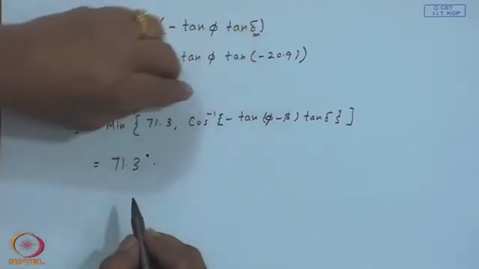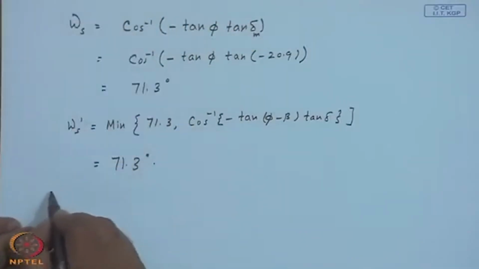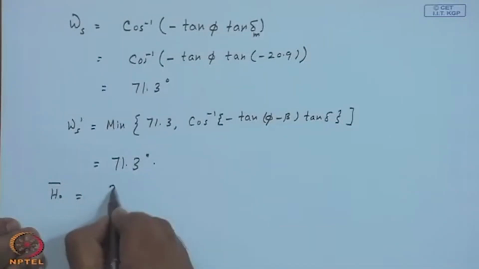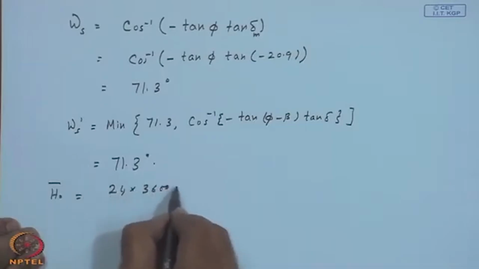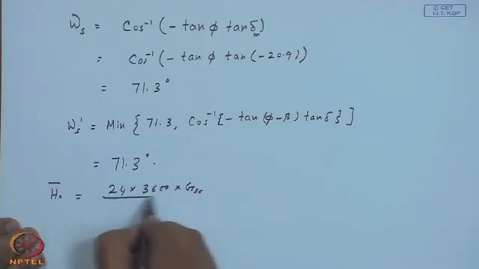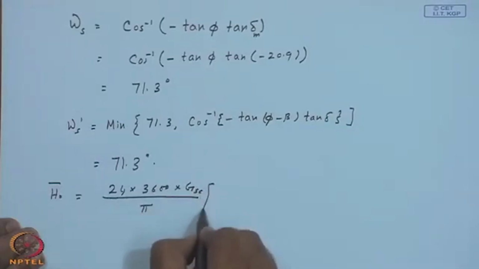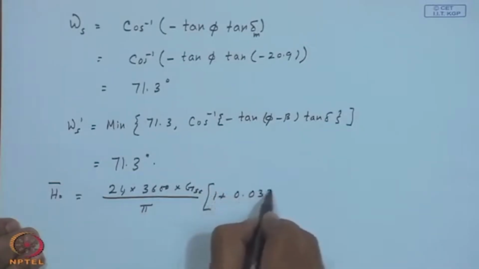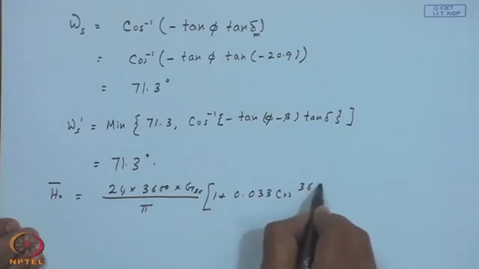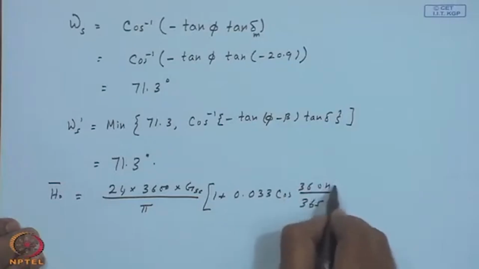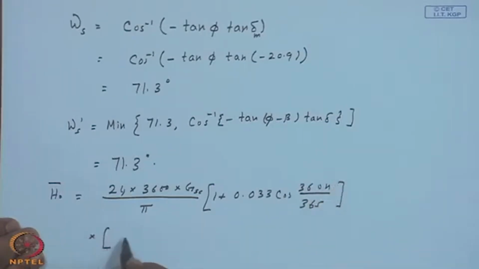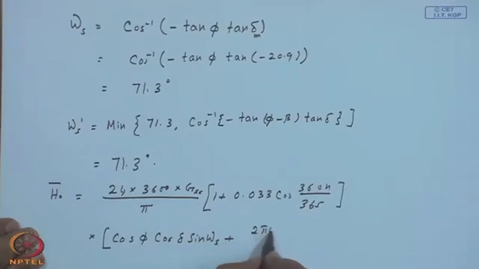What next? Because all my correlations will be in terms of the clearness index, I need H 0 bar, which will be 24 into 3600 times G SC, the solar constant, by pi times 1 plus 0.033 cos 360 n by 365 times cos phi cos delta sin omega s plus 2 pi omega s by 360 times sin phi sin delta.